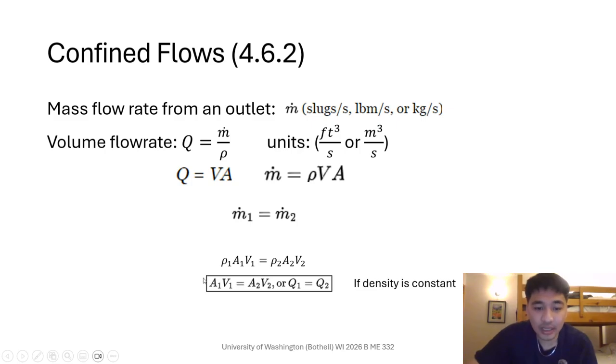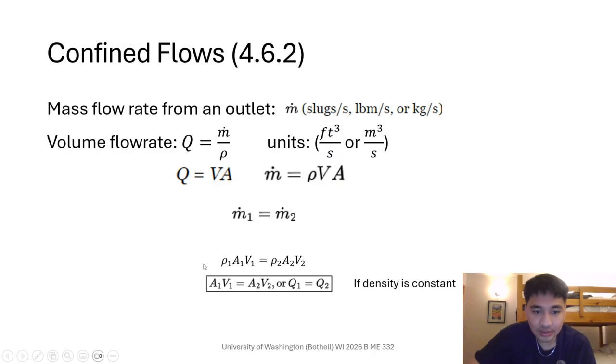Okay, so here we have density, rho, and then area times velocity, which is your mass flow rate here, right? We just made a substitution. And if these mass flow rates are equal, all of these variables will also be equal from the inlet to outlet, or your 1 and 2. Like I said, I'm just showing this to you now, but we're going to go over examples in class.